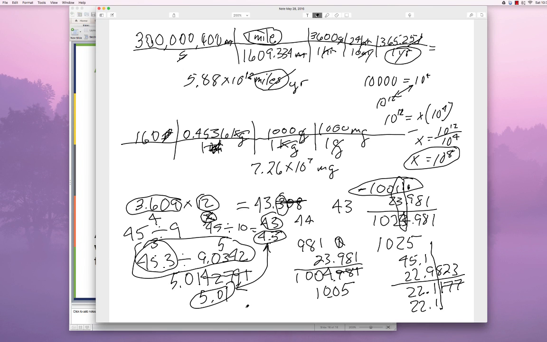Now, if in your answer you got 2.63, you'd know these are not very close together, and this 2.63 is in the wrong direction, so you'd know that there was a problem here.